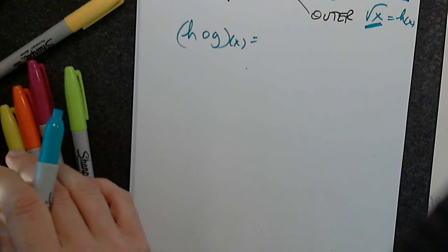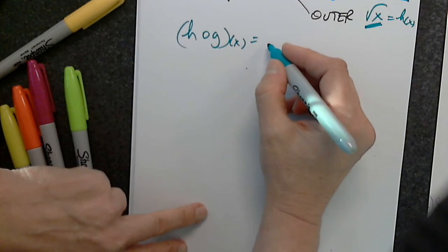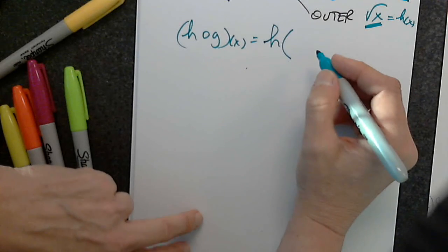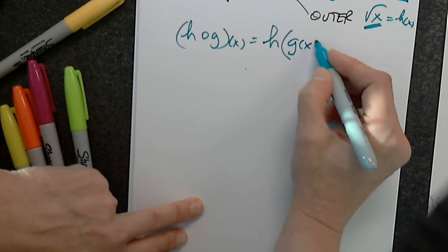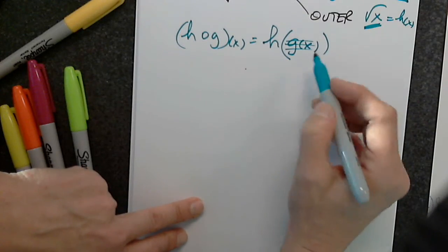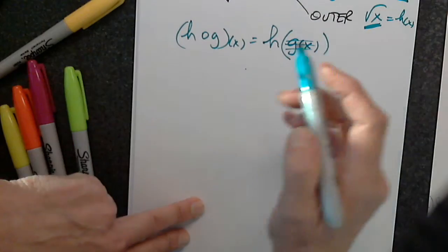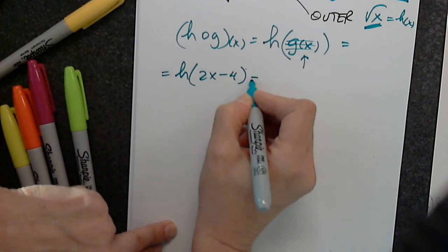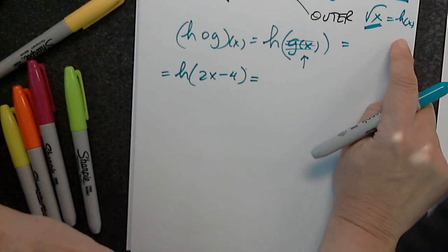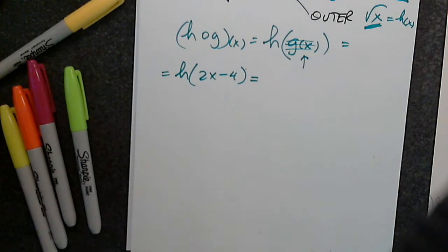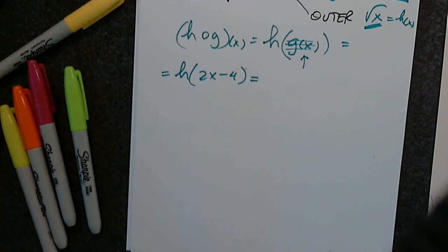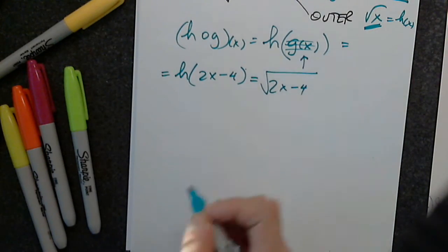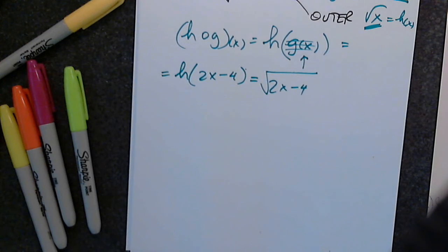How will I write this? What is the definition? h of, very good. So I start with the inner. I replace g of x by, very good. So this will be h of 2x minus 4. And now I have to look at the outer that says the square root of whatever. So what do I write? That's it. So that was the function we started with.